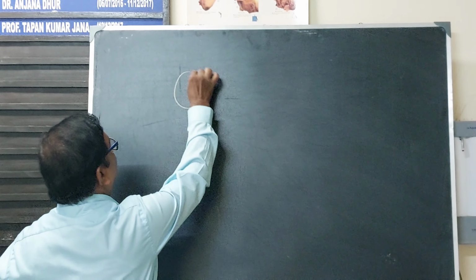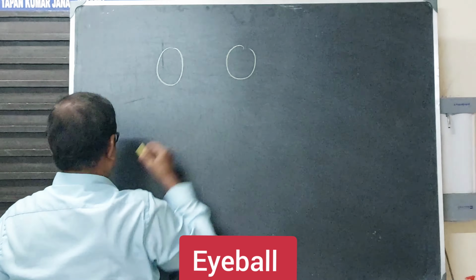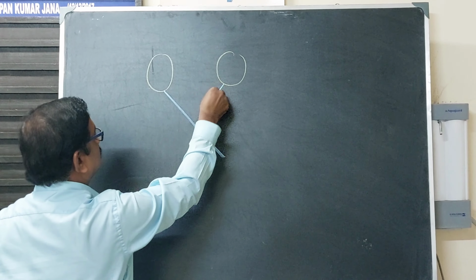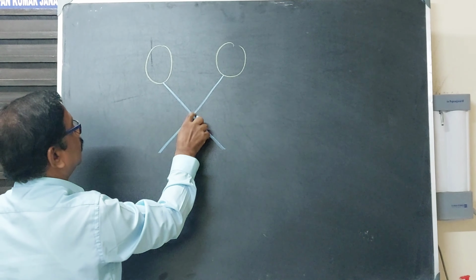Suppose this is the eyeball, and from there you all know the optic nerve coming out and they cross at one region forming the optic chiasma.